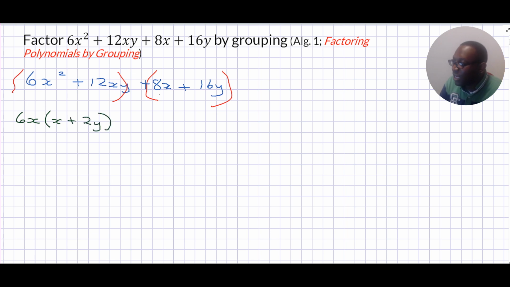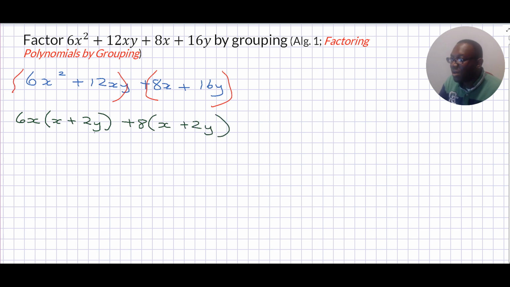And now we go over to this group here. We have 8x and 16y. Our greatest common factor is going to be 8, so plus 8. 8x divided by 8, we have x, and then 16y divided by 8, we have plus 2y.